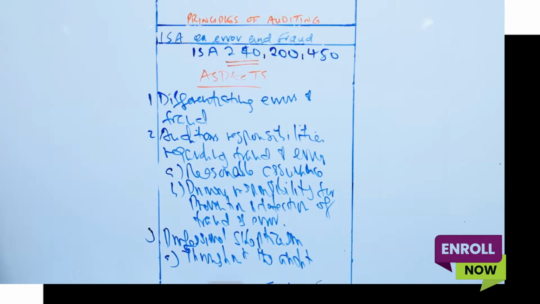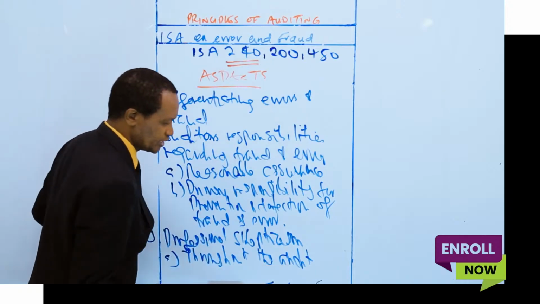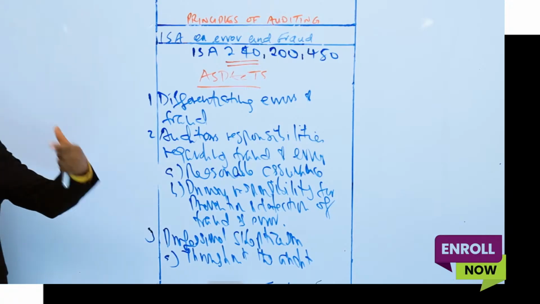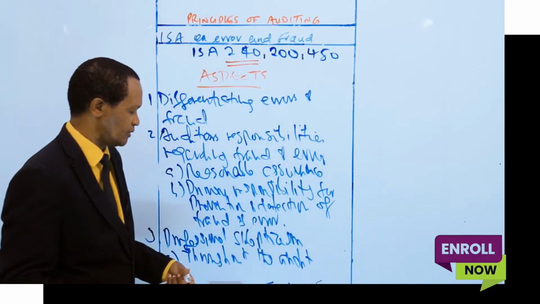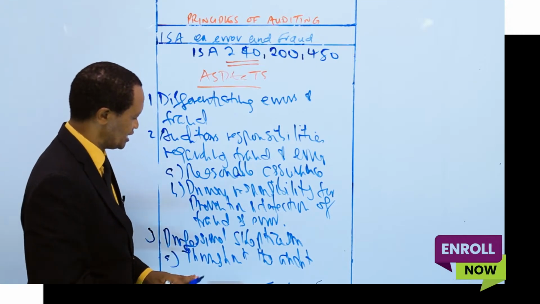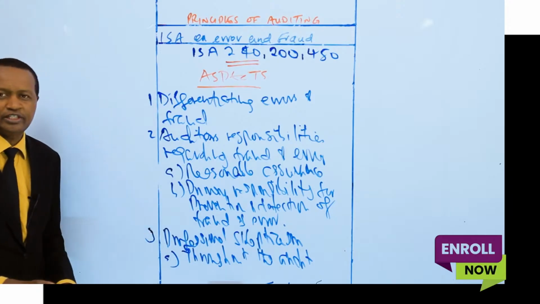Auditors are required to maintain an attitude of professional skepticism throughout the audit. That means being alert to conditions that may indicate possible misstatements due to error or fraud, and critically assessing audit evidence. Throughout the audit process, the auditor is required to maintain an alert mind, a questioning mind, professional skepticism throughout the audit.